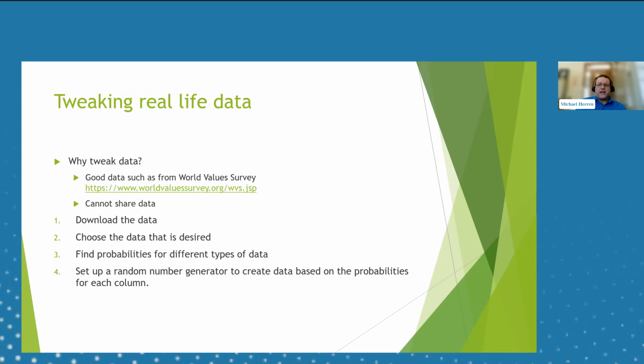And once I've done that, I can just go into Excel and use a random number generator just to create some random data that is based upon that real life data. So it's not exactly that data, but it's similar to the real life data.